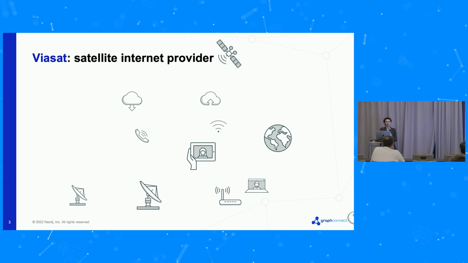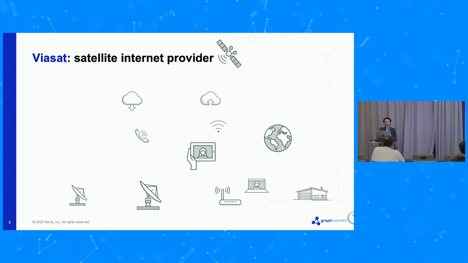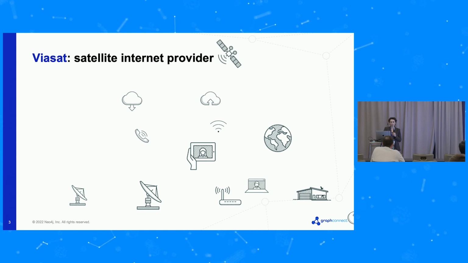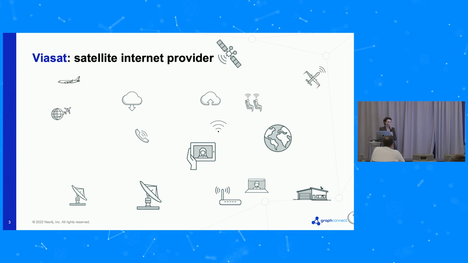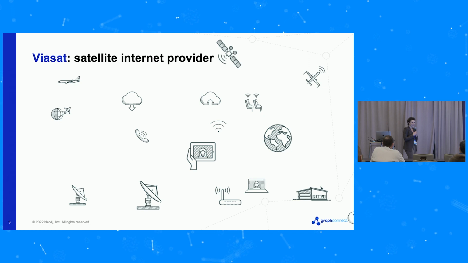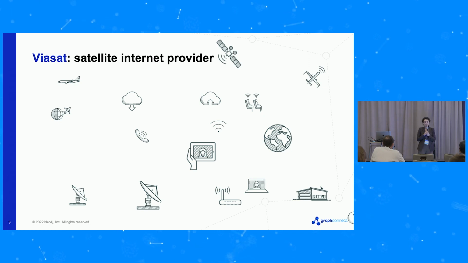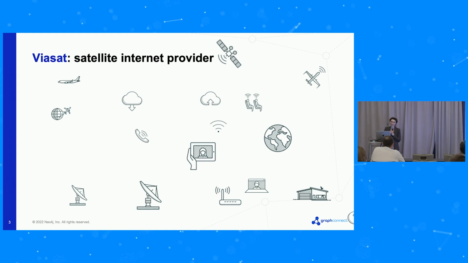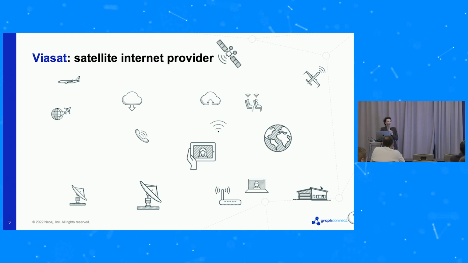We serve different kinds of customers. We serve residential and business customers, providing them connectivity. And if you took a flight here, you most likely used our Wi-Fi connectivity in flight. Hopefully it was good. That's been a major part of our business.